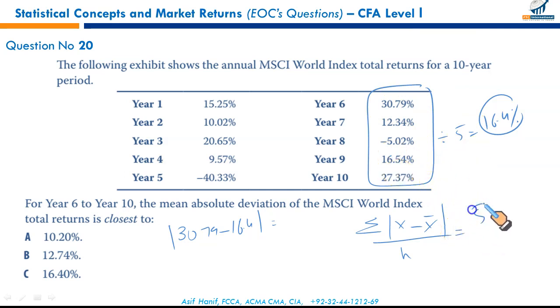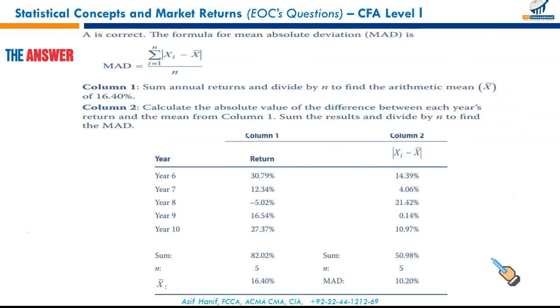Put your result in the numerator, 50.98, and divide it by the number of observations, or the number of returns, which is 5, and it will give you the mean absolute deviation. It's a straightforward question, just little computations are required, otherwise nothing complex. So we got 10.2, that makes A the correct option straight away.